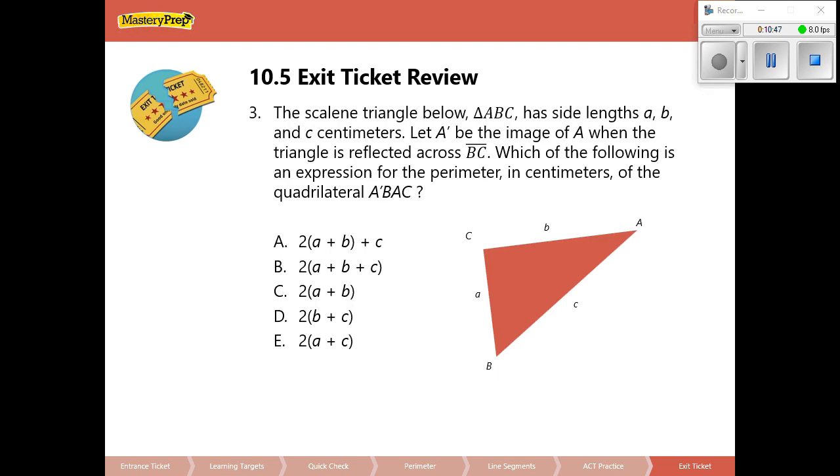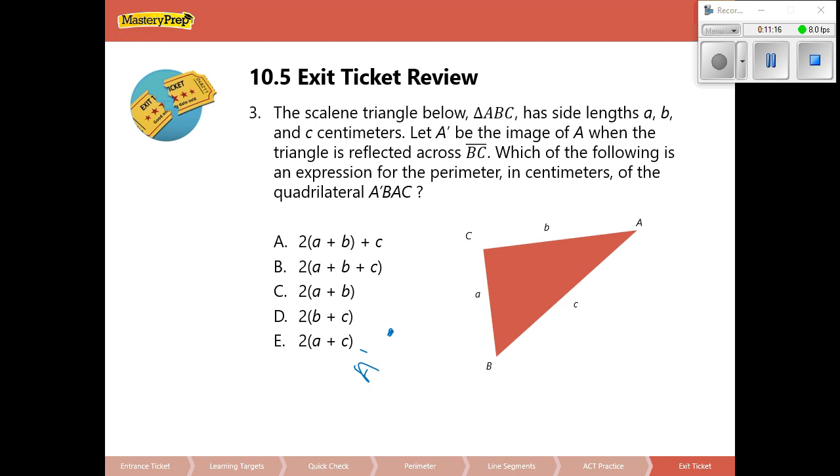The scaling triangle below has side lengths of B, A, and C centimeters. Let A prime be the image of A when the triangle is reflected across BC. So reflected across BC, somewhere over here we have A prime.